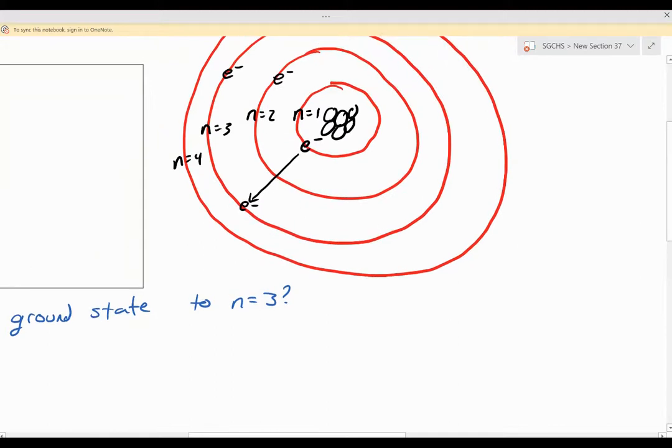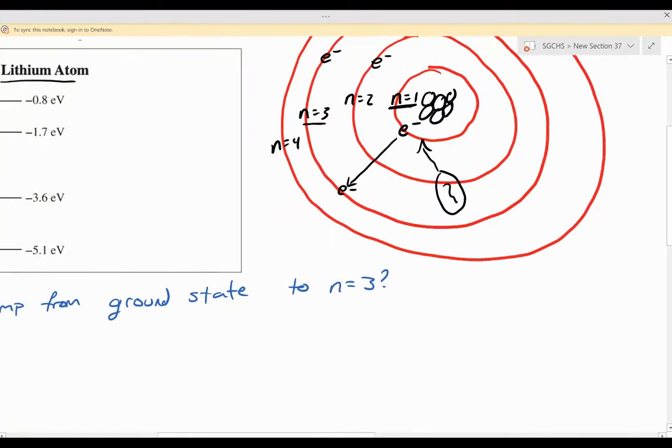We can think of it trying to climb a ladder. In order for that to happen, a photon has to come in with that exact amount of energy. That's the difference between n equaling 1 and n equaling 3, and it will be absorbed, allowing our electron to become excited and jump into our third energy level.